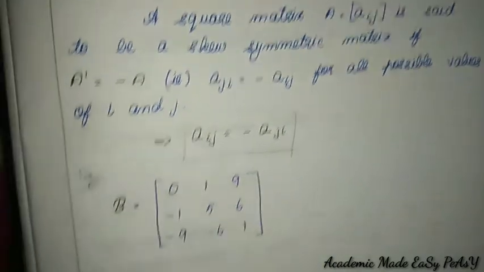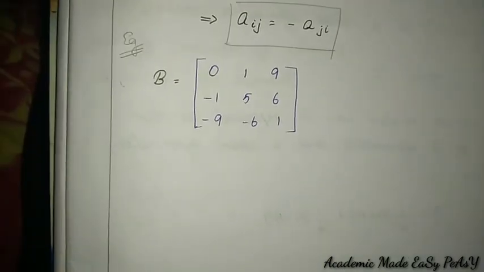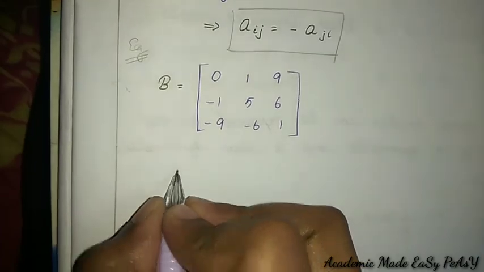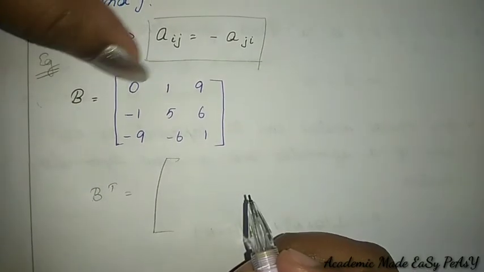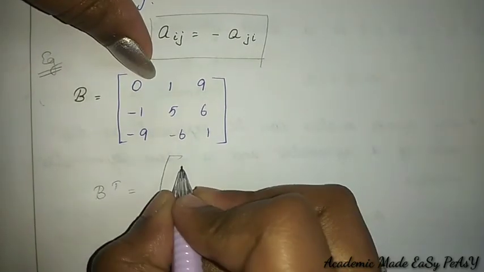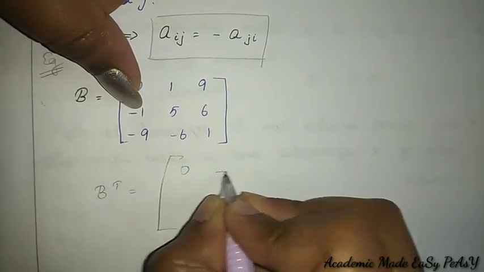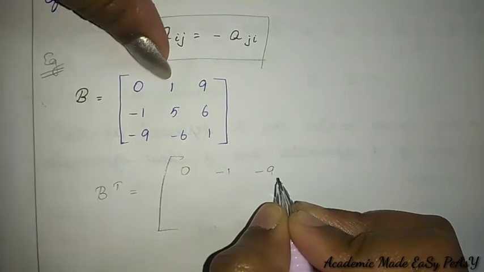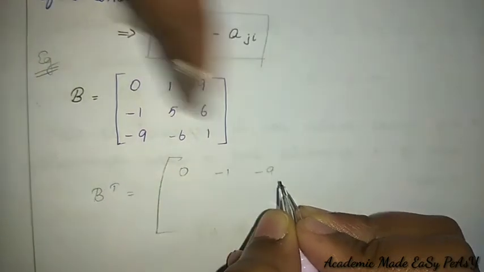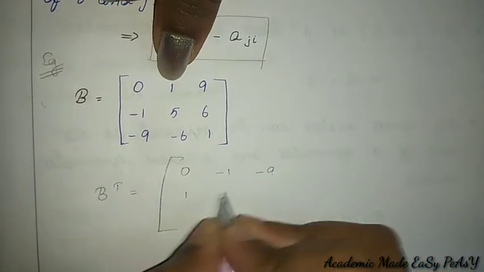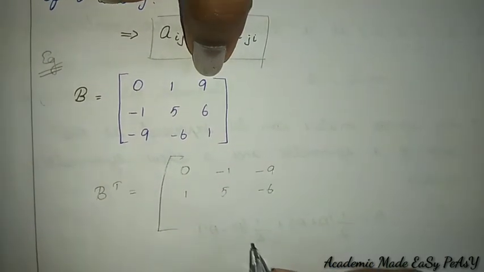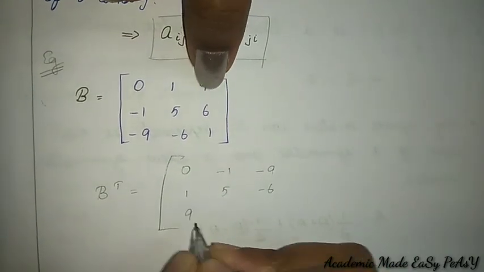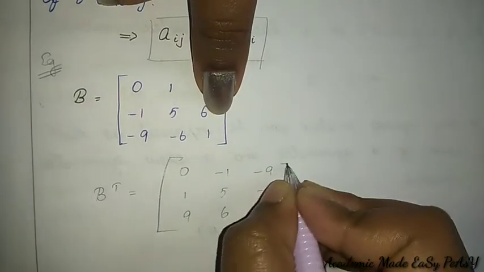Now let me give you an example so that you will be very clear. Now I will be changing all my columns into rows. So 0, -1, -9. First column is over, so here first row is over. Next is 1, 5, -6. Next I will go for 9, 6, 1.